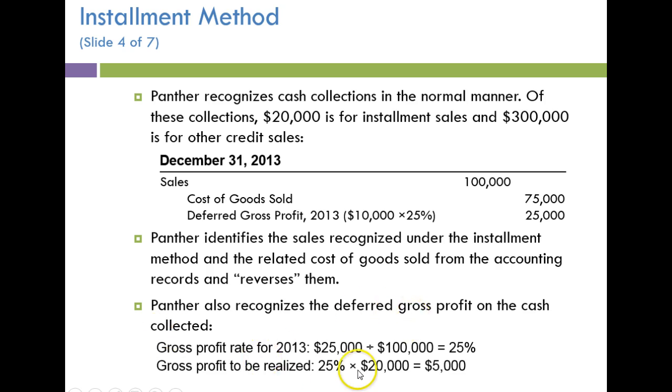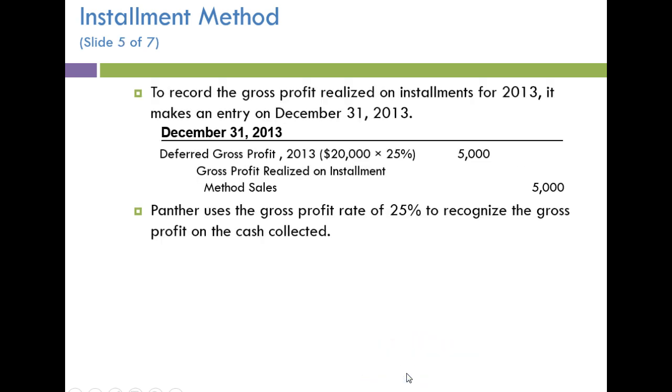So the 25,000 divided by the 100,000 gives us a 25% gross profit rate. So 25% of that 20,000, or $5,000, is going to be gross profit realized. So look what it does. It then reverses that deferred gross profit, and then it credits it as a sales or gross profit realized on an installment sale.